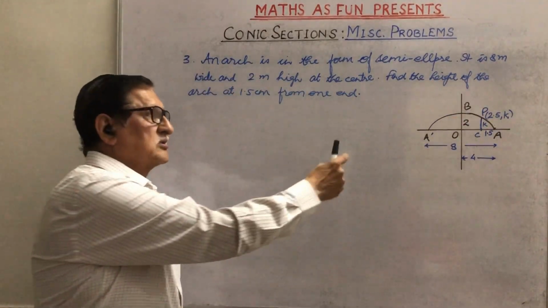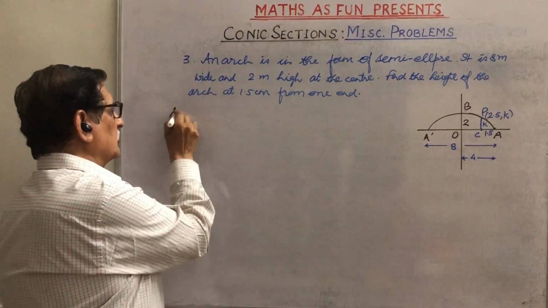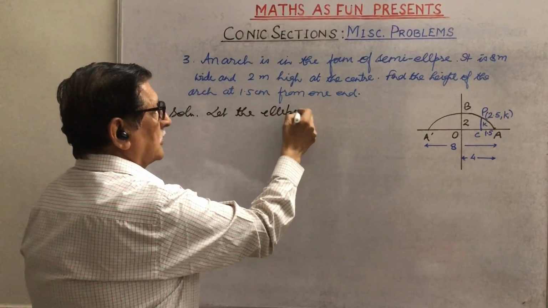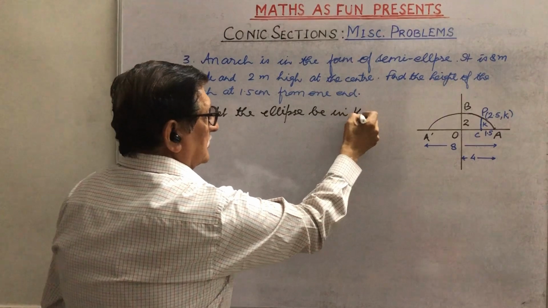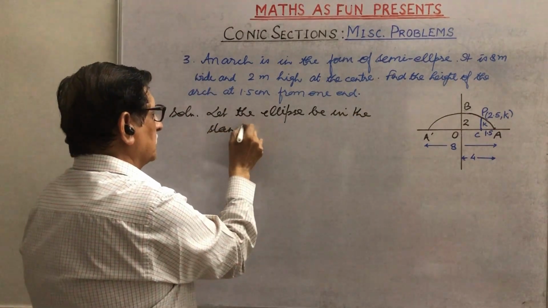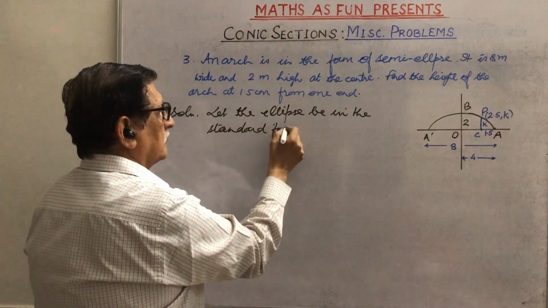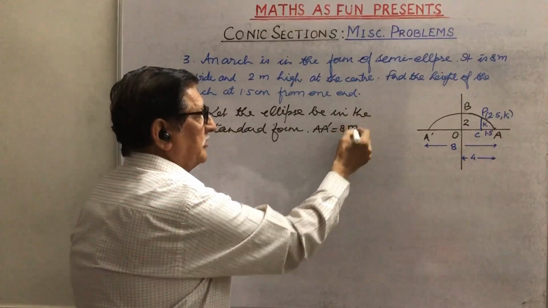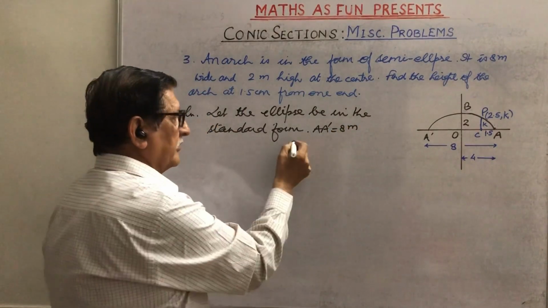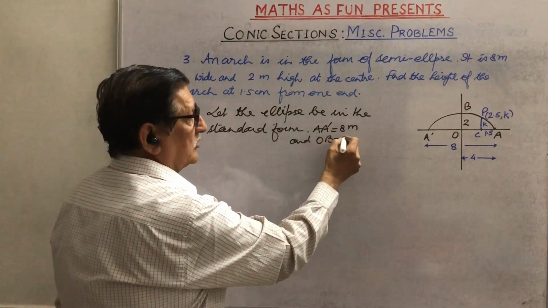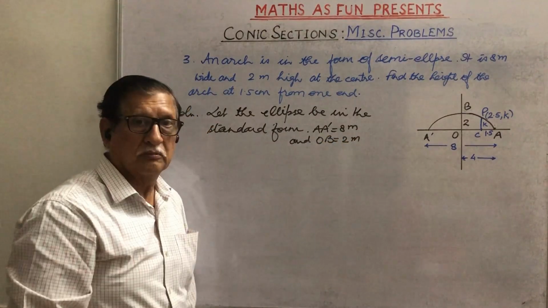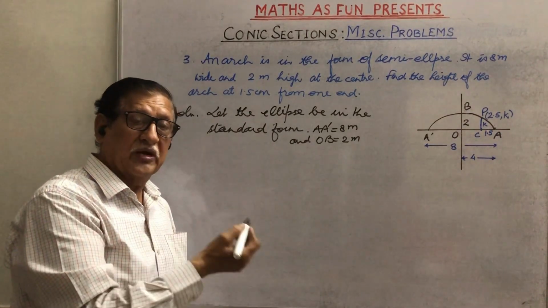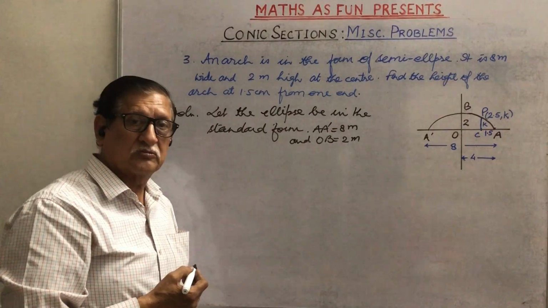And we take this in the standard form, so we can write for the solution, let the ellipse be in the standard form. A dash, as given here, is equal to 8 meter, and we find OB is equal to 2 meter. We know that the equation of the ellipse is in the form of x square upon a square plus y square upon b square is equal to 1.